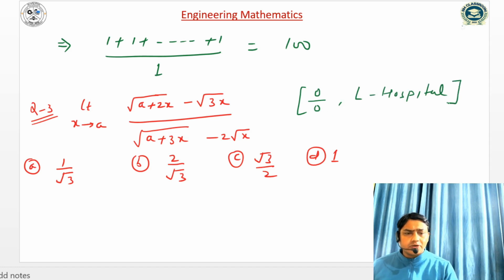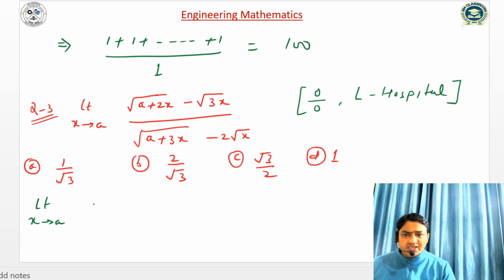L'Hospital rule says that if the function is indeterminate, either 0 by 0 or infinity by infinity form, then we can write limit x tends to a f dash x by g dash x, and once again put the value x equal to a in f dash x and g dash x, and it should not be in the indeterminate form. It is 0 by 0 form, so we have to differentiate.